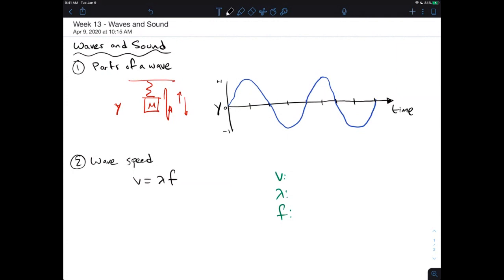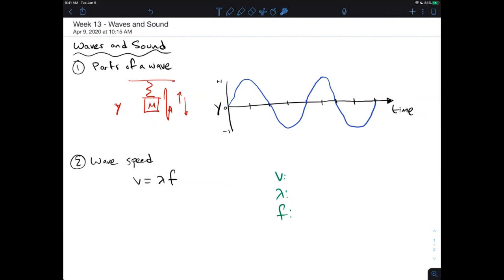Over time, the mass is going to go up, travel back down, and then repeat this over and over. So if I plot this y position over time, it's going to go up, come back down, go up, go down, right? So it's only going sideways here. It's not actually moving laterally at all. This motion forward is just because time is moving forward, right? So we're just graphing our y position over time.